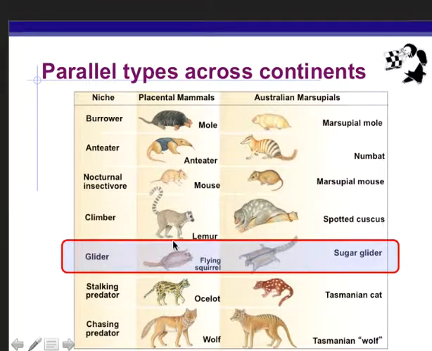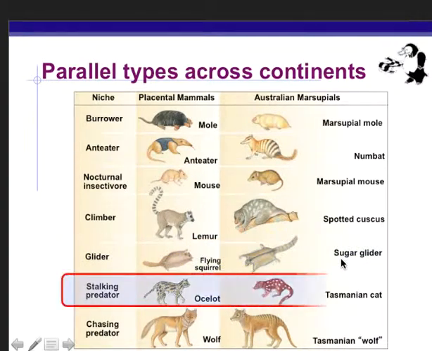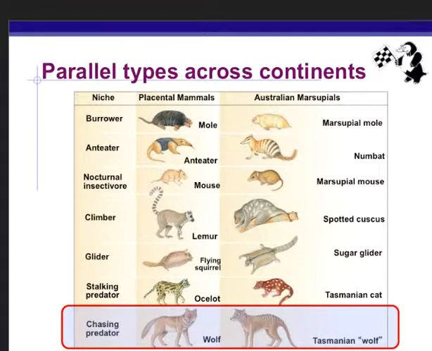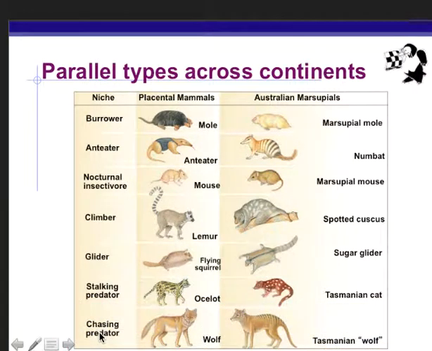Climbers, the lemurs and the spotted cuscus, the gliders, sugar glider and flying squirrel, and the ocelot versus Tasmanian cat, chasing predator, Tasmanian wolf and the wolf. So these are different niches that they fulfill. It's kind of neat.